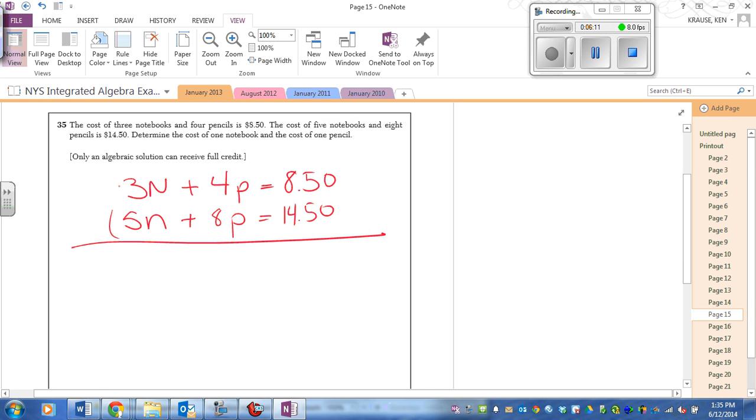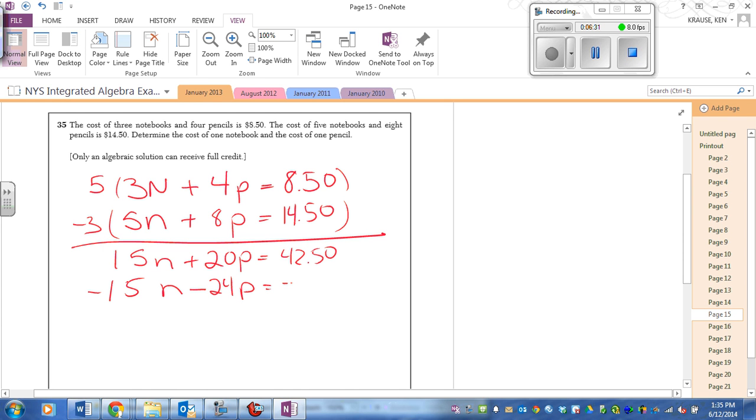And we solve this. 5 goes here, 3 goes here. We'll get 15n plus 20p equals 42.50. And then negative 15n minus 24p equals negative 43.50.